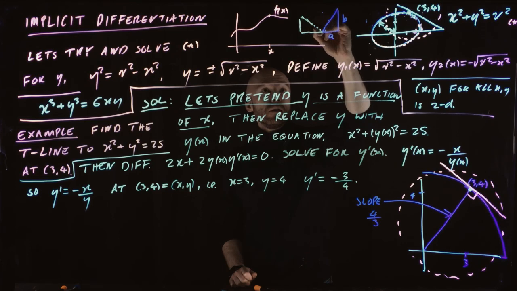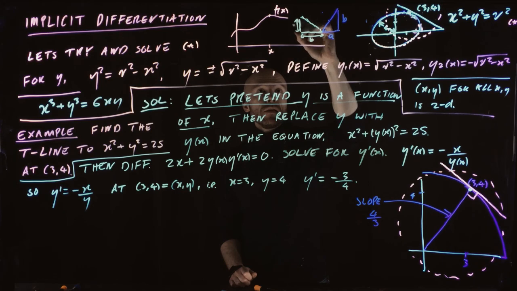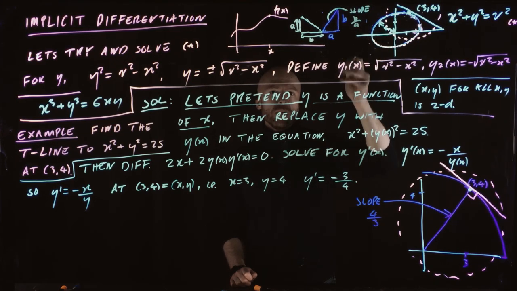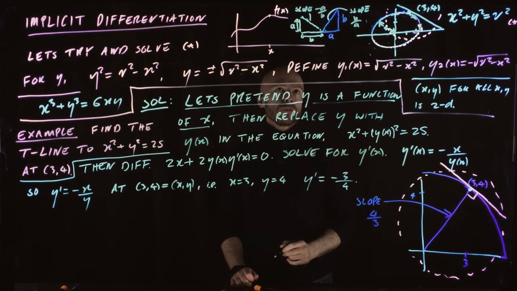And we see that then this has to be B, and then this has to be A. So the slope here is B over A, how far up and down we go, divided by how far along. And the slope here is, we're going along by B, but we're going down by A. So this slope is minus A over B.